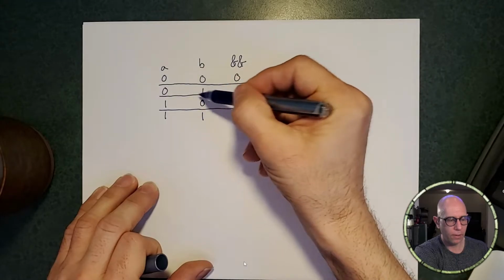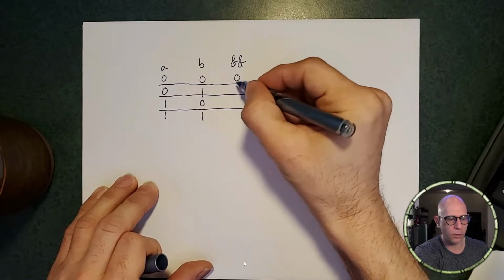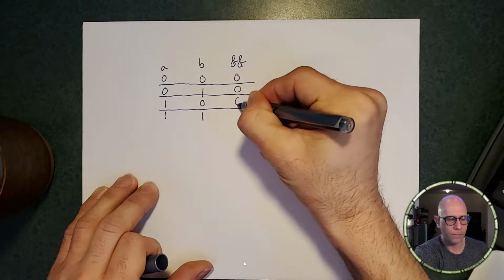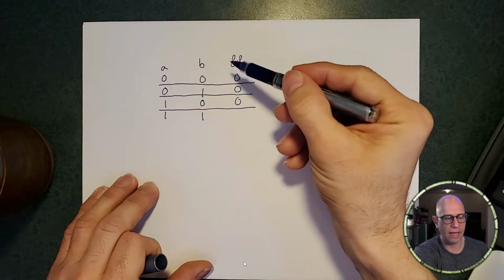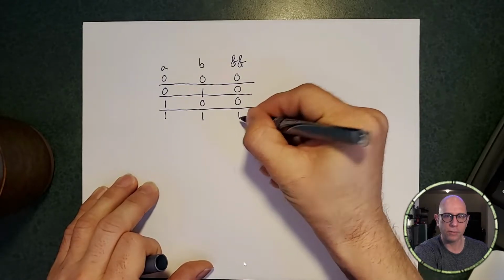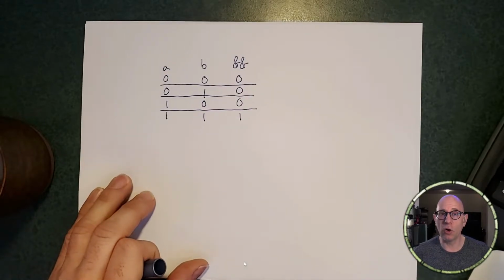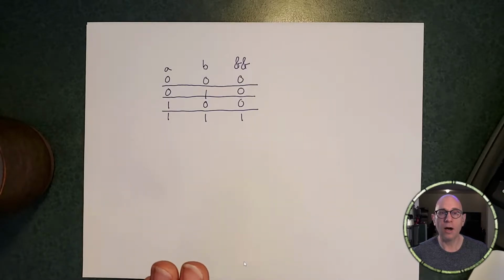If one or the other side of the AND is false, I will also get a false result. Only if both things being combined by the AND operator are true will I get a true result. AND is only true when both sides of the operation AND are true.